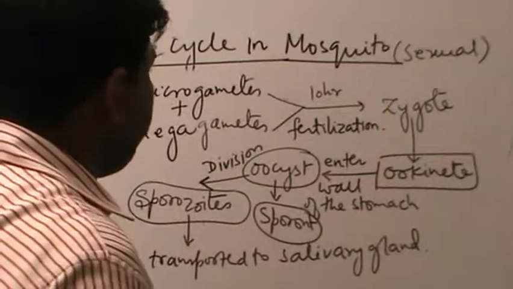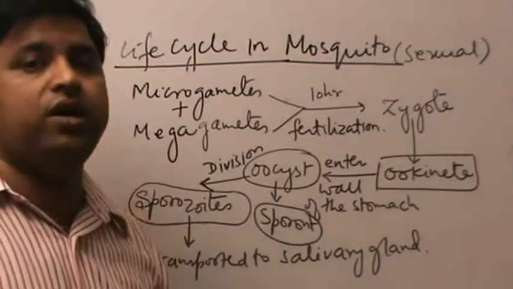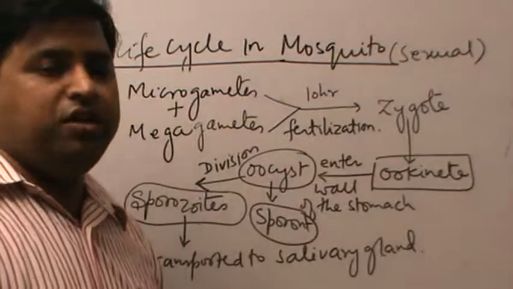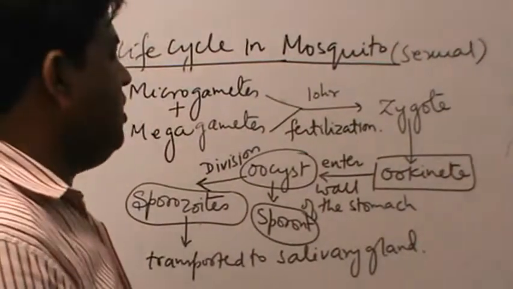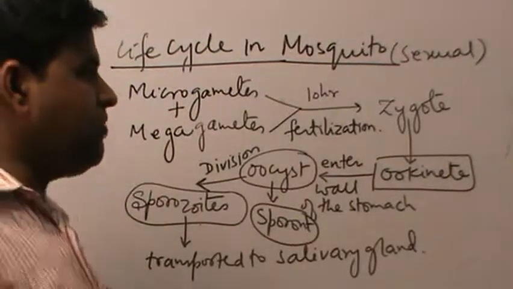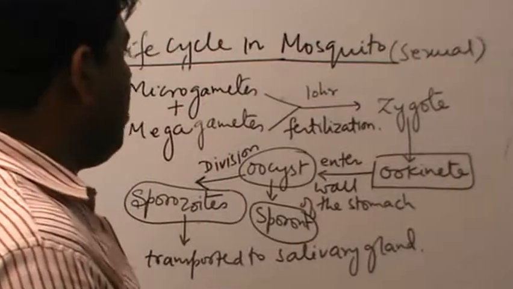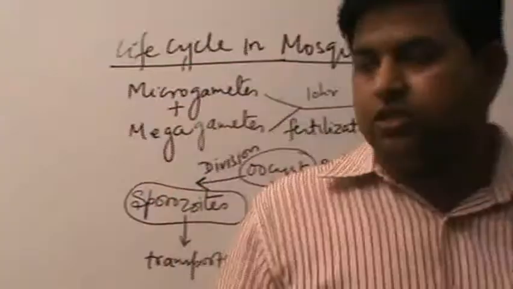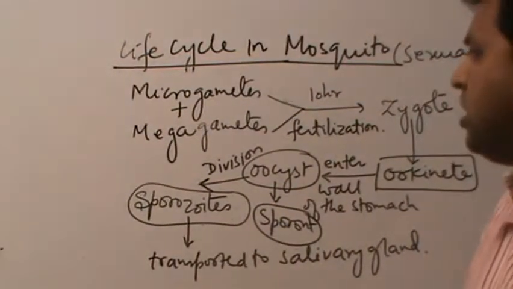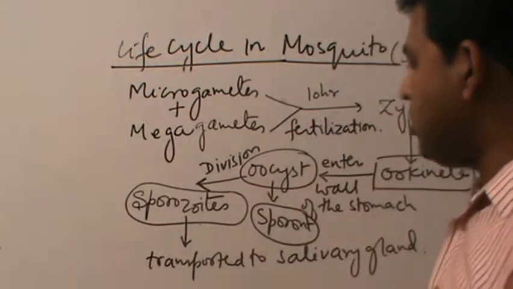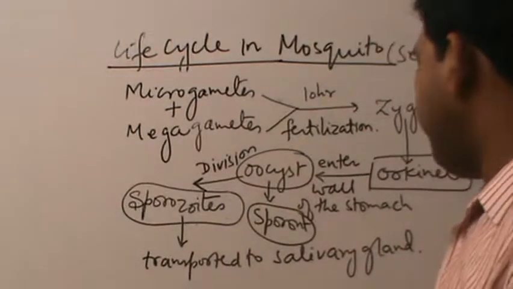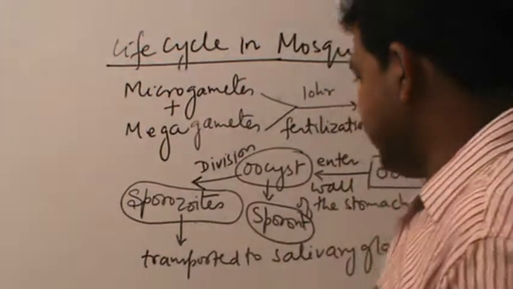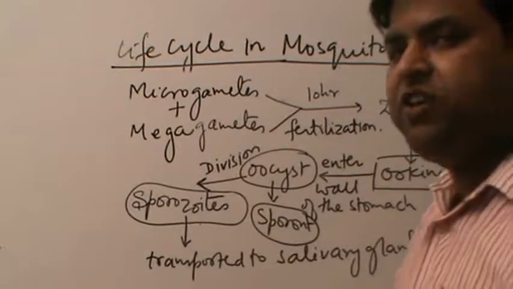So this complete life cycle of Plasmodium, which is causing a very deadly disease, is causing lots of deaths in developing countries as well as in the African continent. That is called malaria.